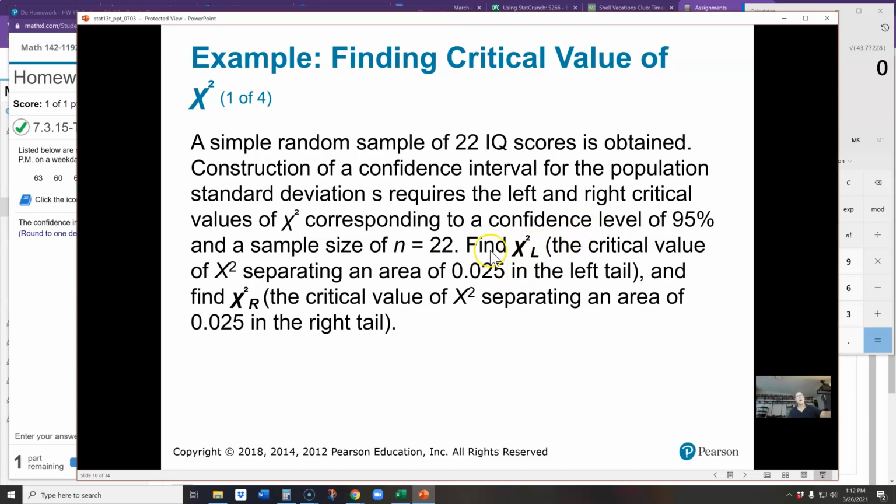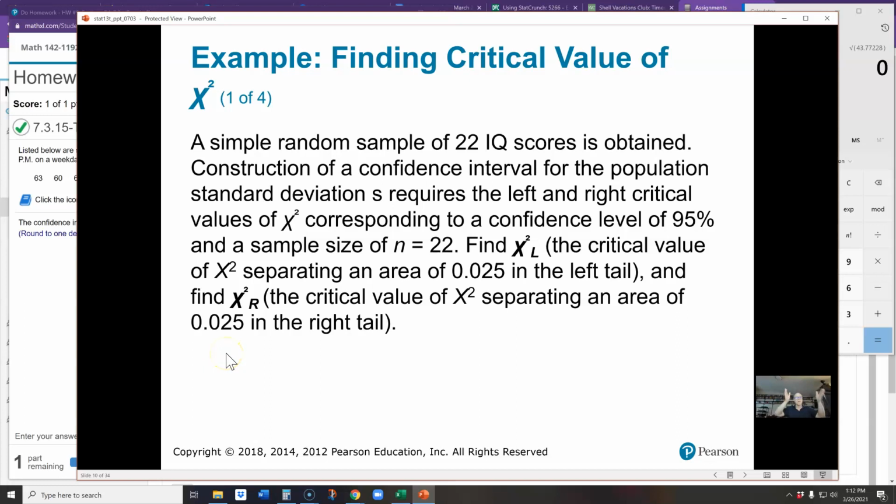It says find chi-squared sub L, the critical value of chi-squared separating an area of 2.5% on the left tail. So the L is for the left end of the confidence interval critical value. And find chi-squared sub R, the critical value of chi-squared separating an area of 2.5% on the right tail.